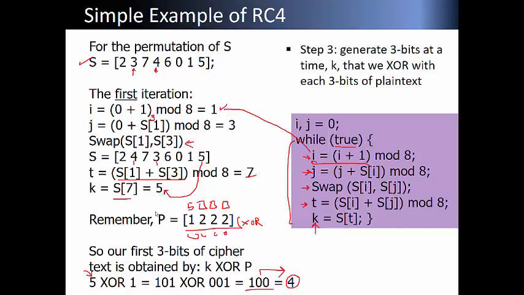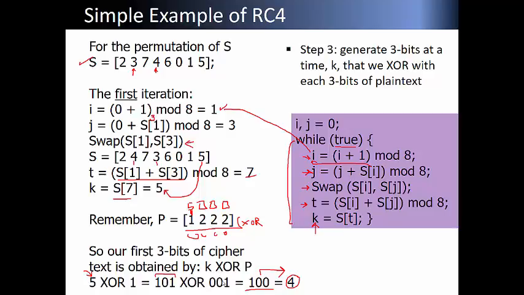So 5 is obtained. Okay, so 5 is nothing but 1001 in binary code. And that is the first key, which is used for encryption of the first letter of the message, which is number 1. So we make exclusive OR.